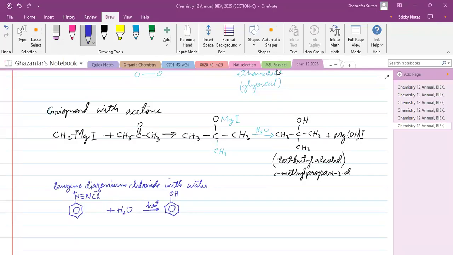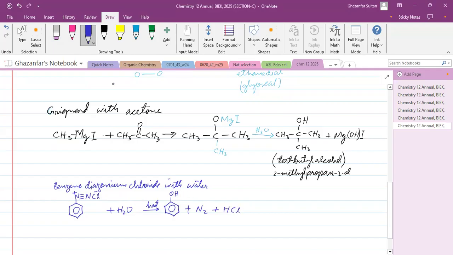These two nitrogen atoms combine to produce nitrogen gas, and H goes with chloride because OH goes there. So the H combines with chloride to form HCl.